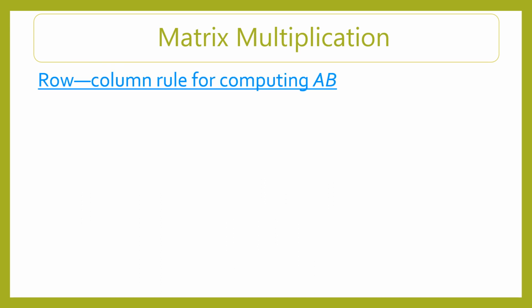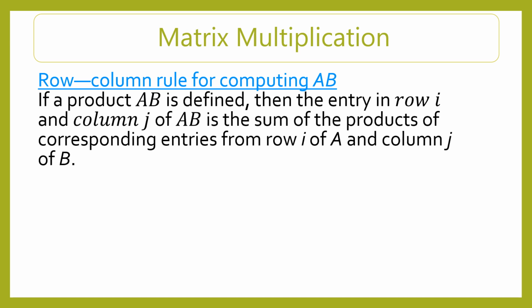All right, so then we have what we call the row-column rule for computing AB. How does that work? If a product AB is defined, then the entry in row i and column j of AB is the sum of the products of corresponding entries from row i of A and column j of B. This is actually very simple once we come to examples. So I'm going to solve some examples to illustrate this.